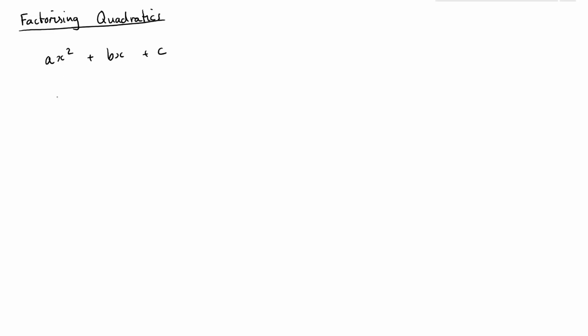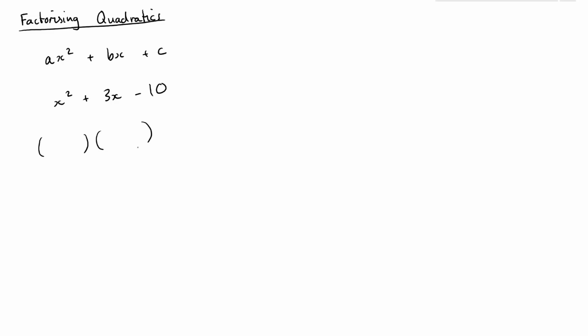Sometimes we might get an expression that looks like x squared plus 3x minus 10, for example, and they might tell you to factorize this. Now when we factorize quadratics, instead of just having one bracket like we did over here, we now want to have 2 brackets, because we need to get 3 terms out.